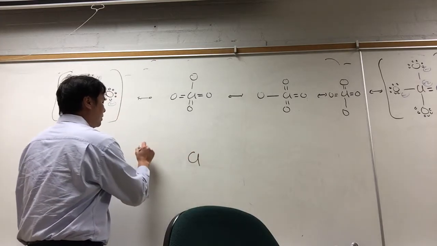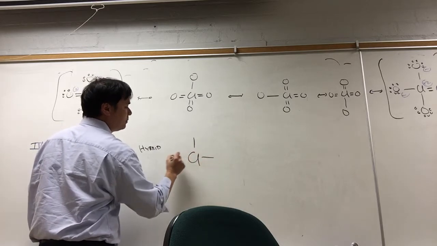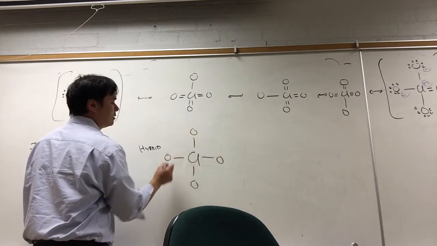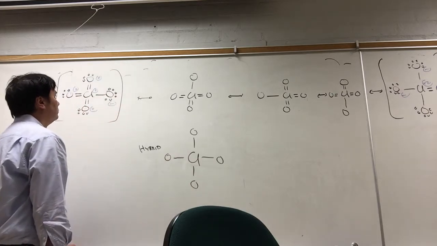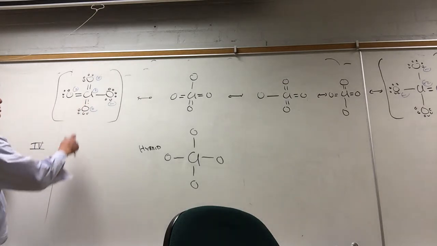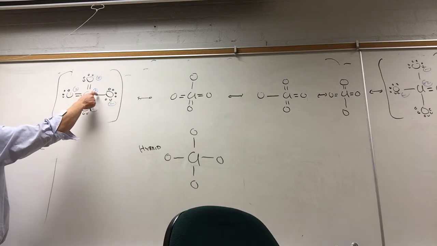When I come up with the hybrid structure, it is going to have single bonds permanently affixed to this. And then the easiest way of figuring out the bond order is to do this. Double bonds counted as 2, so 2, 4, 6, 7.